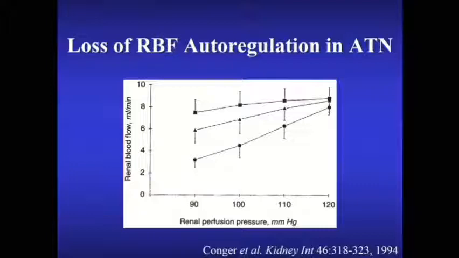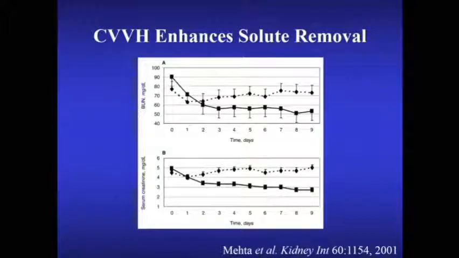And so I think it's really this premise that led to the invention of CVVH, which we use pretty commonly in the ICU. When this first came out, people thought this was going to be a real panacea. It's gentler. We can remove solute and fluid over 24 hours. It'll be better tolerated, and it will result in better outcomes for the patients.